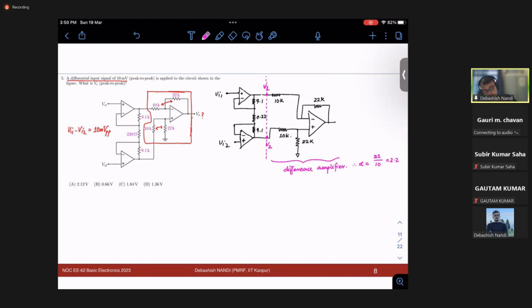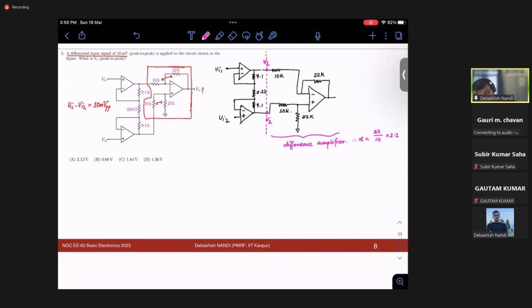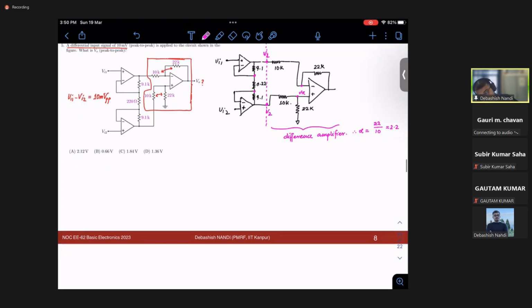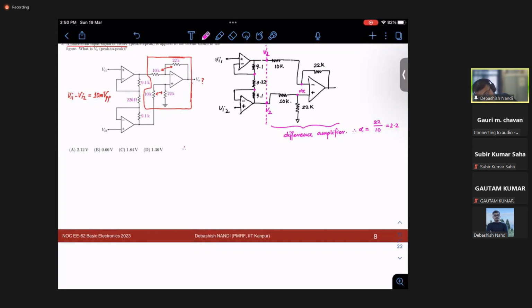So one thing is that let's assume that this voltage is Vx, and eventually it is in negative feedback, and the op-amp is an ideal op-amp, so the virtual short condition will be valid. So if I apply KCL at this node, KCL will be (V2 minus Vx) over 10 will be equal to Vx over 22, right?